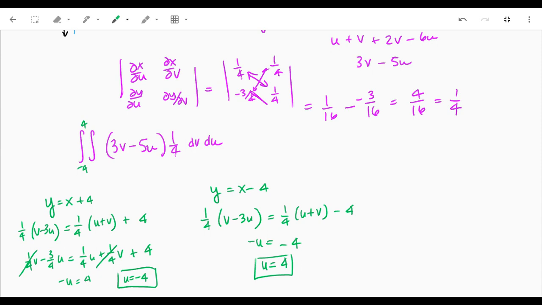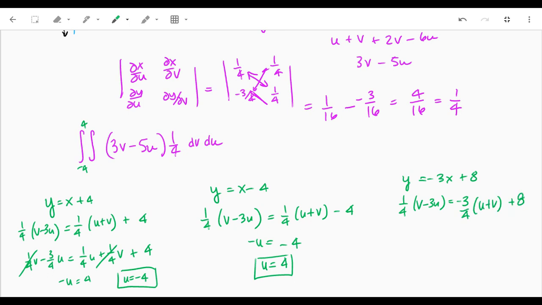And then the other side is going to get us our v's. So y equals negative 3x plus 8. We'll have 1/4 v minus 3u equals negative 3/4 u plus v plus 8.